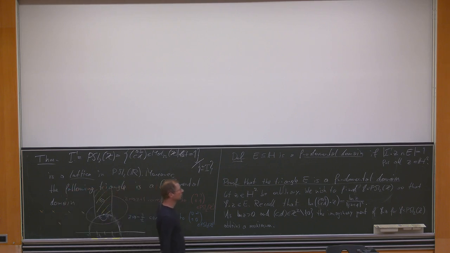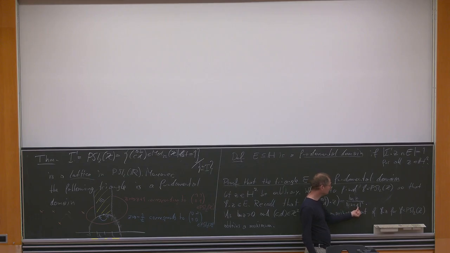If C gets large, then the imaginary part of CZ plus D will be the imaginary part of Z multiplied by C and will be large. So the norm will be large and the imaginary part of the quantity will be small.